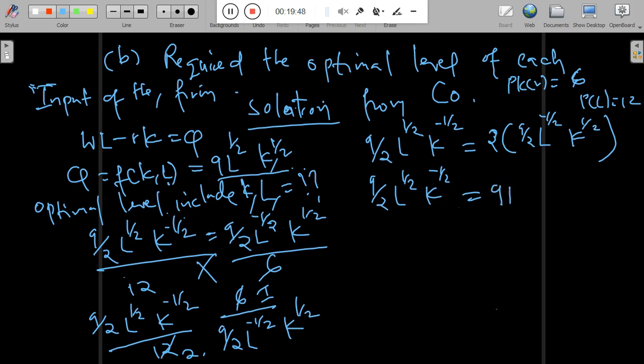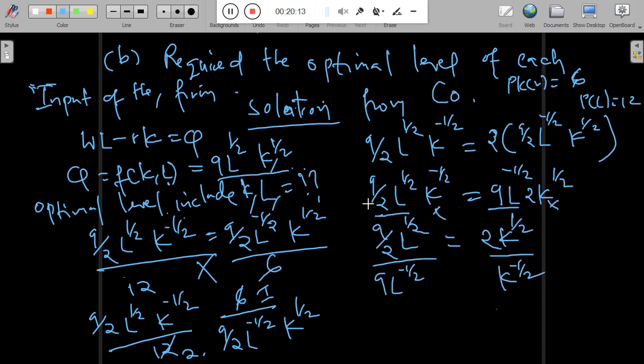So it will be 9 L raised to the power of negative half, and 2 times K is 2K raised to the power of a half. For that case, we may decide to make L or K the subject. If we make L the subject, we divide by 9/2 on both sides. So we get L is equal to 4K.